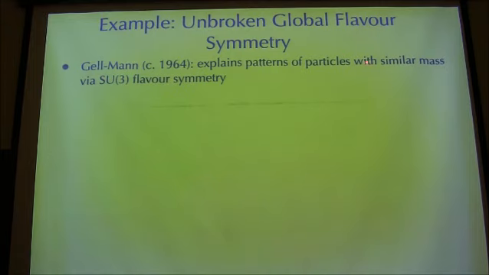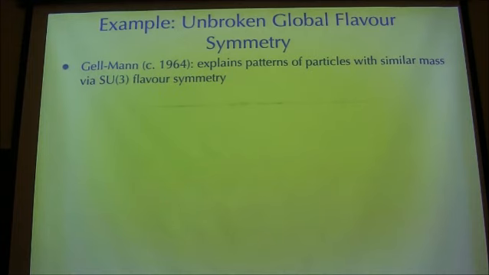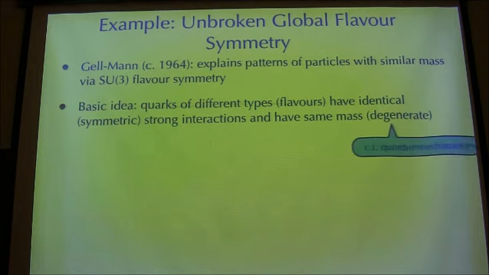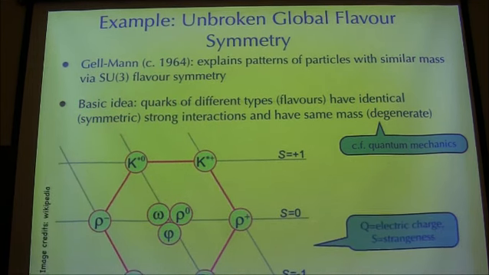The idea is that there are patterns amongst the masses of the new particles that were being discovered, and they emerge from a flavor symmetry. What this means is if you have quarks of different flavors or different types, their interactions are symmetric under the strong interactions. And by our quantum mechanics argument, this will lead to a degeneracy, which means that these particles will have the same mass. And so these are the patterns that Gell-Mann started to develop.